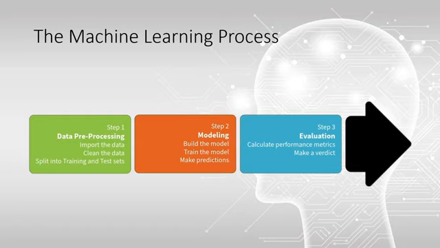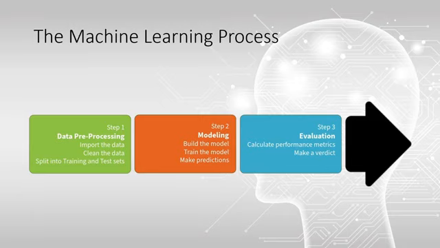We will calculate some performance metrics and make a verdict about our model, whether it's a good fitting model and if it works well for our data or not. And this is a very important step to make sure that the models we build really serve the purpose that they are designed for. So that's the machine learning process.